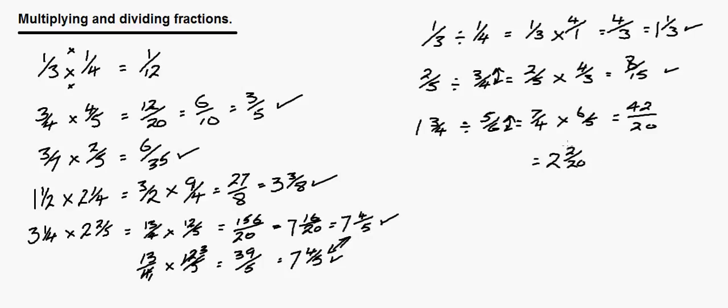So this is righter, but we can see that 2 and 20 can both be divided. So the 2 stays the same, and I know that 2 goes into both of these numbers, so 2 into 2 goes once, and 2 into 20 goes 10. And that is my answer.